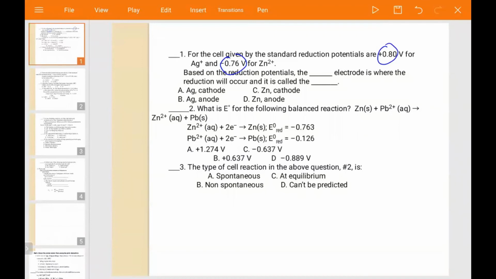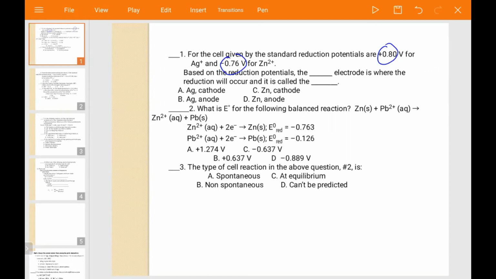What is the important thing to know here? Always, when the standard reduction potential values are given, compare the numerical values. Then how can you identify the anode and cathode? The one with the least reduction potential value of the given values is the anode. This is by convention, yes.